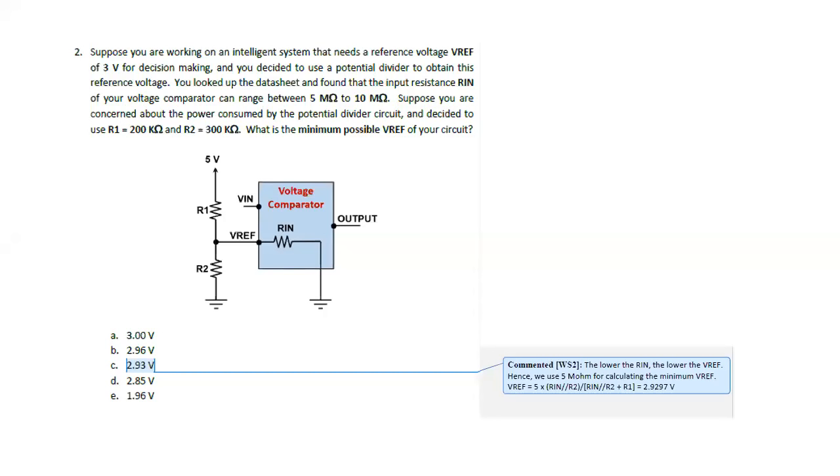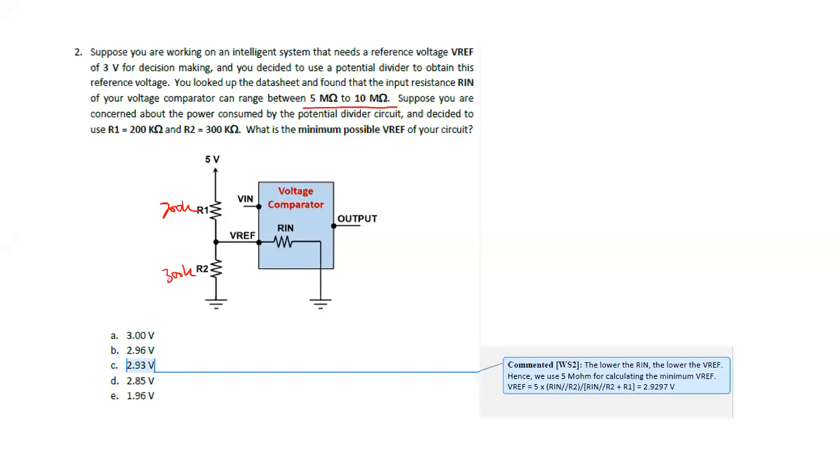And what you are given is that the input resistance can go in the range of 5 meg to 10 meg. The R1 is 200K and R2 is 300K. So what is the minimum possible Vref of your circuit?